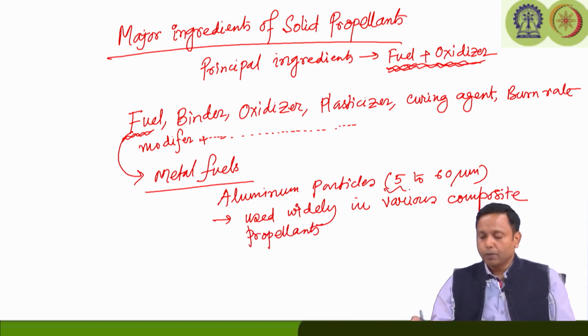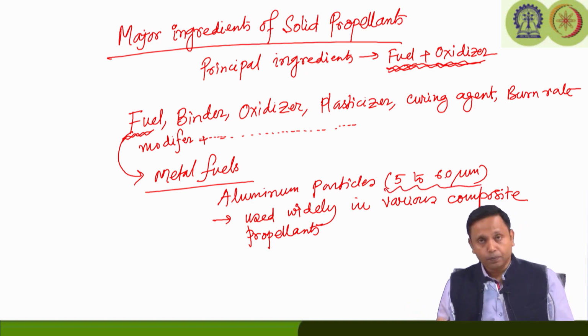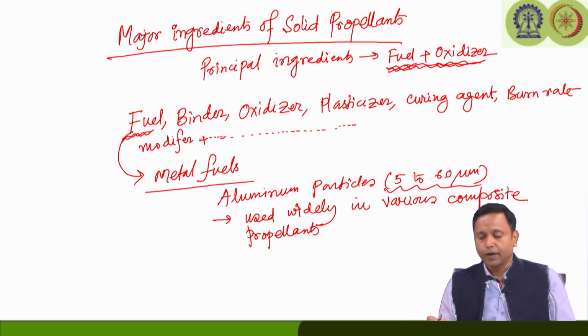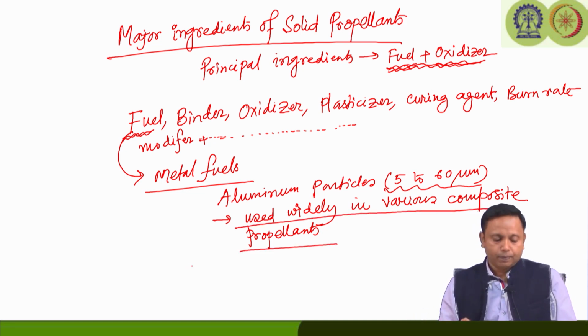Okay. Now, the size we have mentioned here, but there will be some different sizes of aluminum particles that have been used: very fine particles, ultrafine, coarse particles. So, depending on the choice and the availability, aluminum particles are used, but they are used in various composite propellant applications.